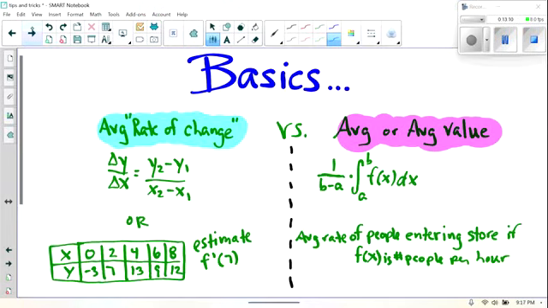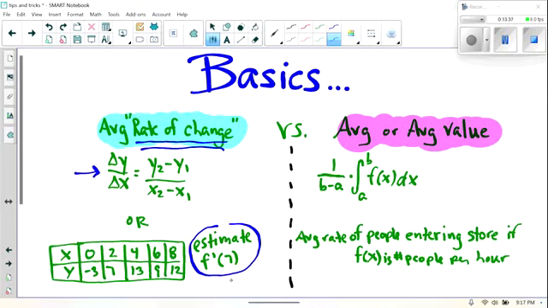What about average rate of change versus average value? The average rate of change is just changing y over changing x. It's the slope between 2 points, people. All right? They'll say "average rate of change" 95% of the time. The only times I find that they don't use the phrase rate of change is when they tell you, hey, estimate f prime of 7, and they give you a table.